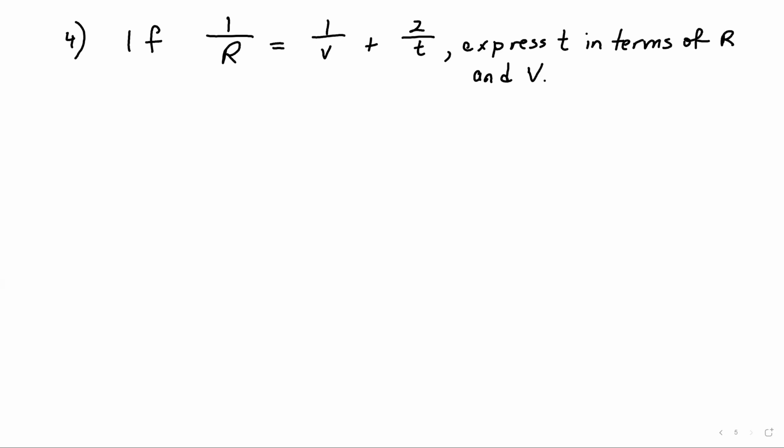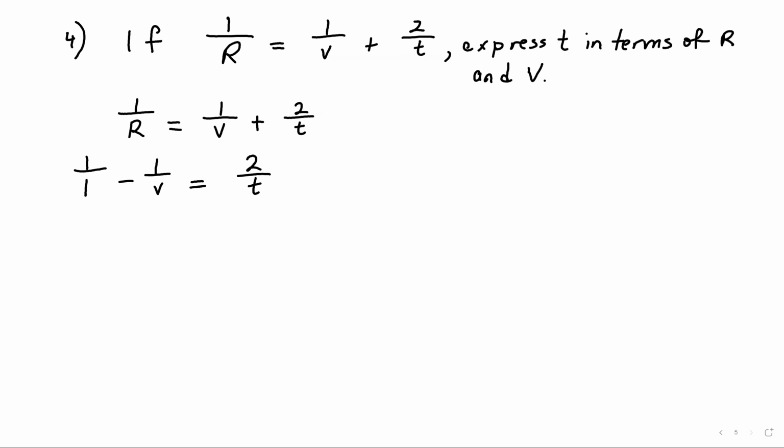Right? So you have 1 divided by R is equal to 1 over V plus 2 over T. So the first thing I want to get rid of is this plus 1 over V. So to get rid of plus, when I move 1 over V to the other side, I would have to subtract it since I'm adding it on the right-hand side. So 1 over R minus 1 over V is equal to 2 over T.